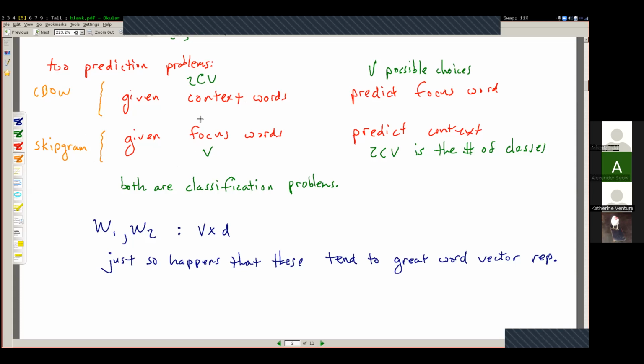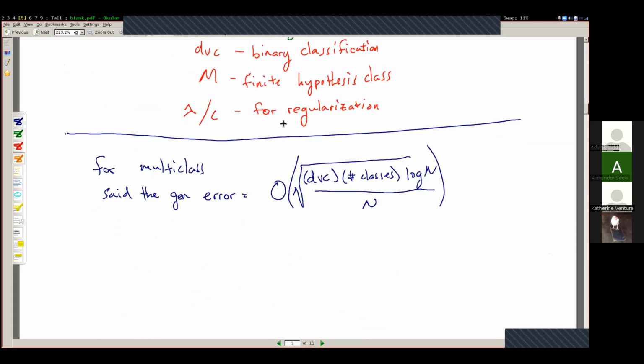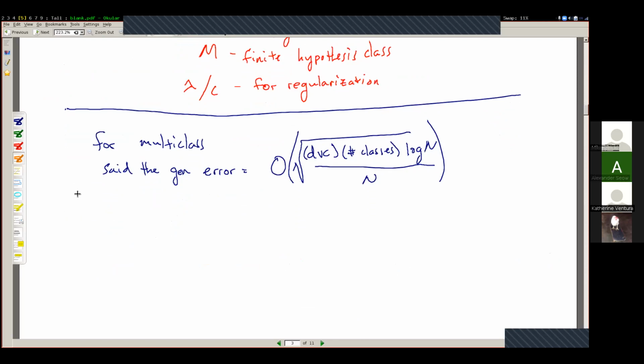There are no ReLU functions or things like that. And then this V and 2CV over here, multiply that all together, and whichever of these models you use, you get the same sort of results in this generalization error down here. So CBOW versus skip-gram, they have the same model complexity.